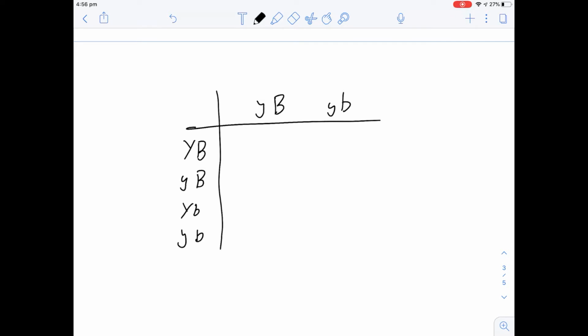Okay, so if we do our cross, what are the different phenotypes that are produced? Once we've done this, we can count them up and then work out the ratio. So first of all, we'll start up here in the top left-hand corner.